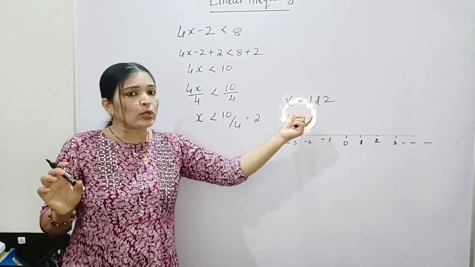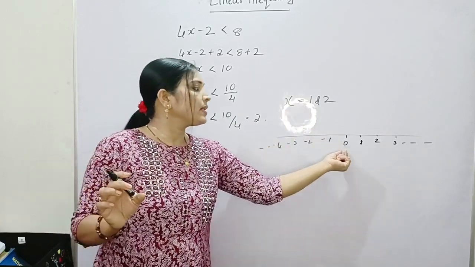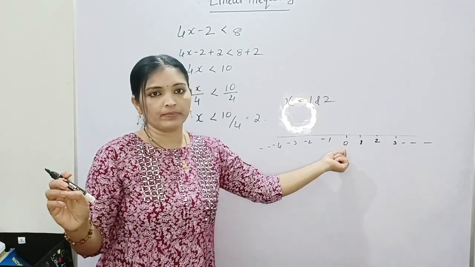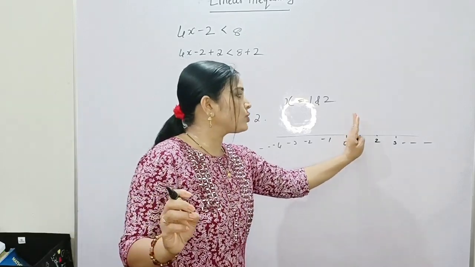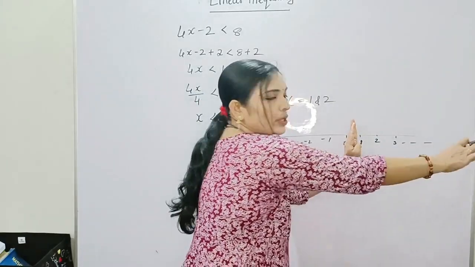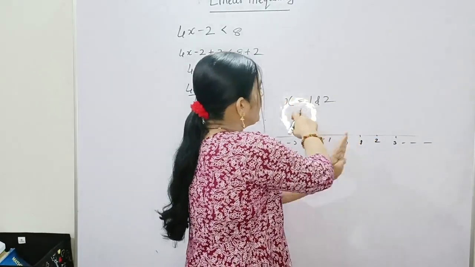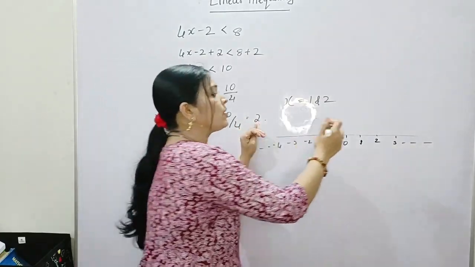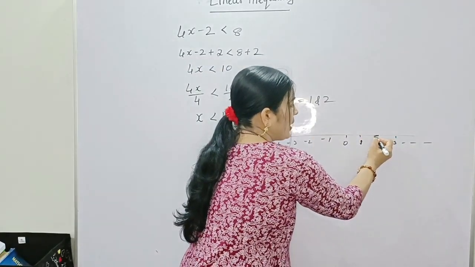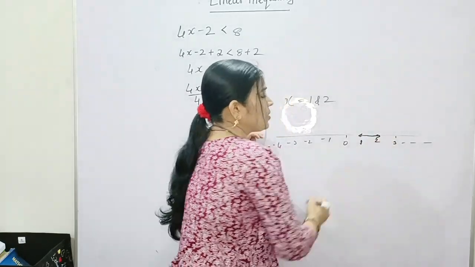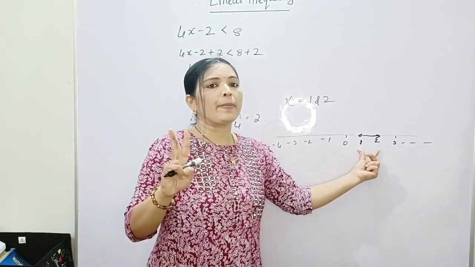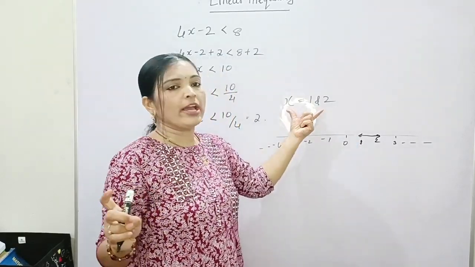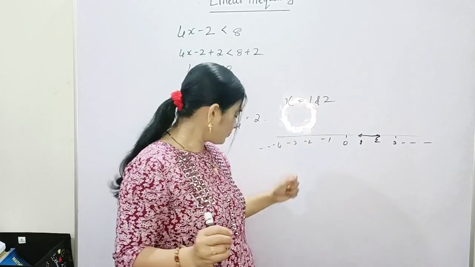If x is a natural number, in the set of natural numbers, 0 is not included. The set of natural numbers means from 1 to infinity. So x is less than 2 point something, so the only two numbers are 1 and 2. So x values are 1 and 2.